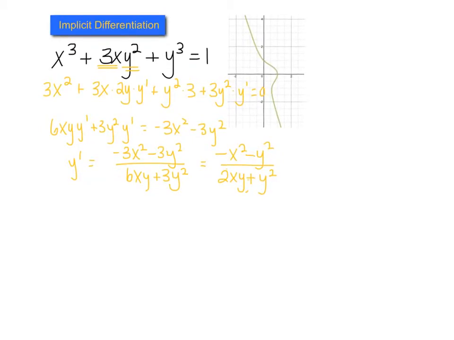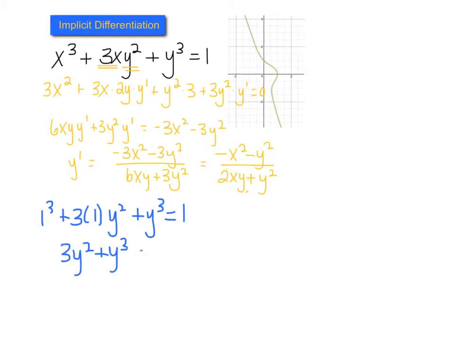Okay, so if x is 1, if we want to find the slope at 1, there's a couple places where our function exists at 1. So I'm going to plug a 1 into our function. This is our original function. 1 cubed is just 1, so I'm going to move it to the other side. I get 3y squared plus y cubed equals 0.